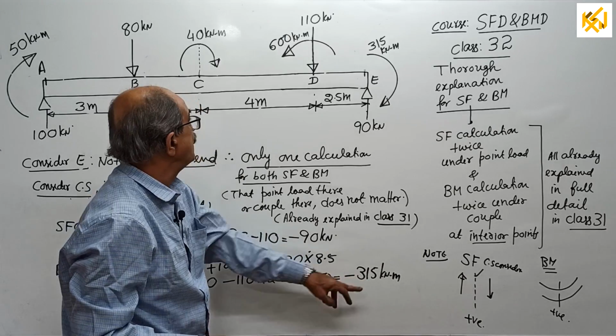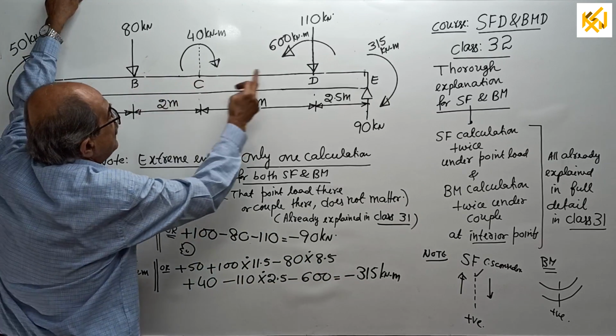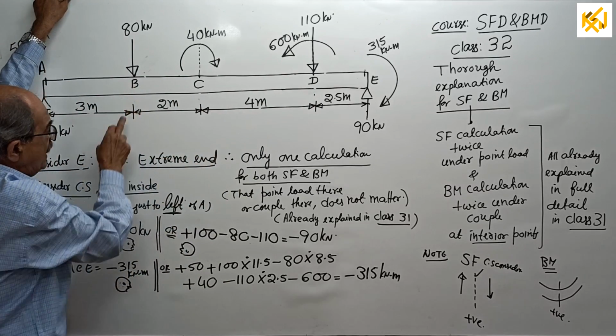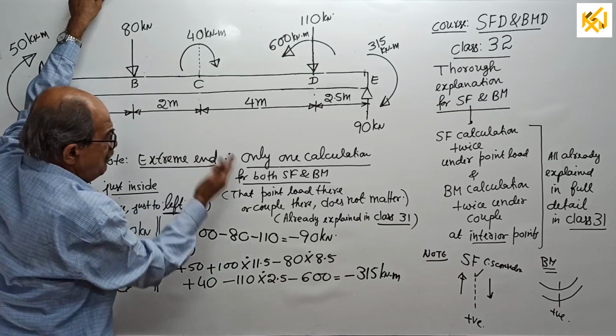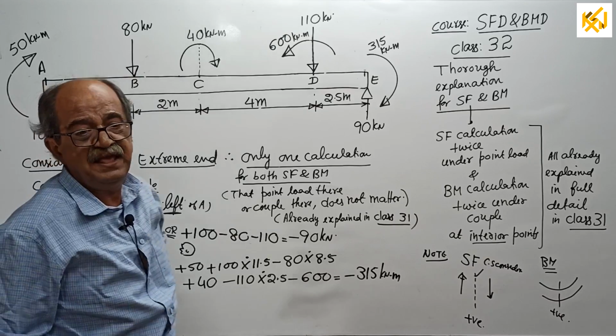Okay, now you got 315. Now, critical at B, C, D. I will write here, and I will first write at B. I will write everything here and explain. While writing, I will not see here, I will see only the beam. Okay, I will make ready.